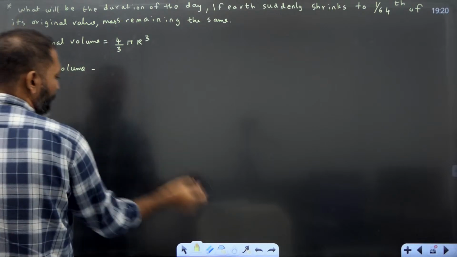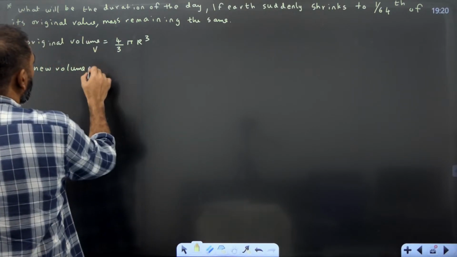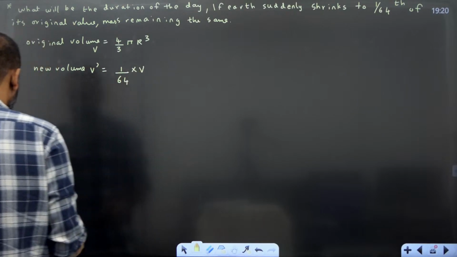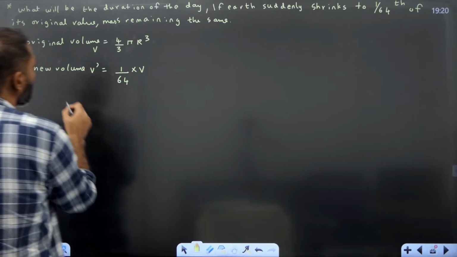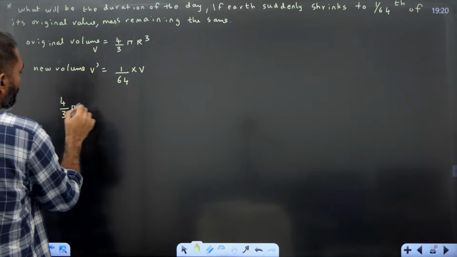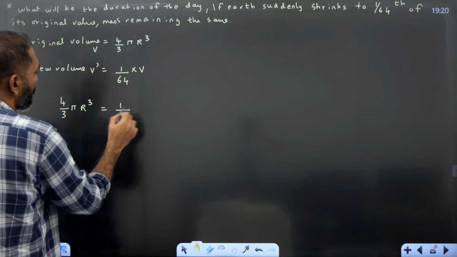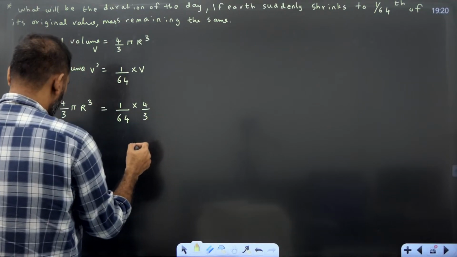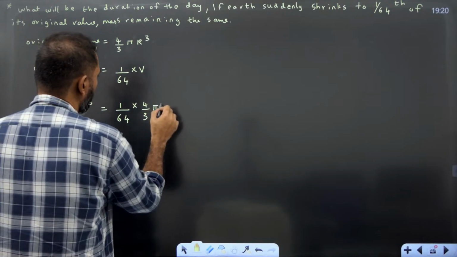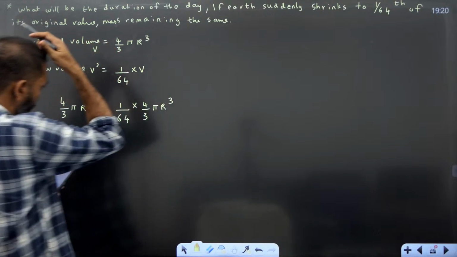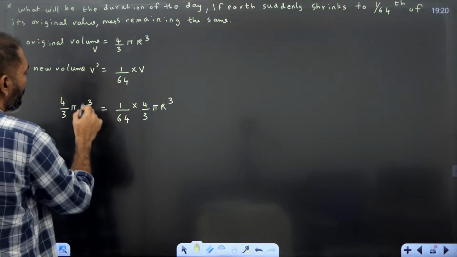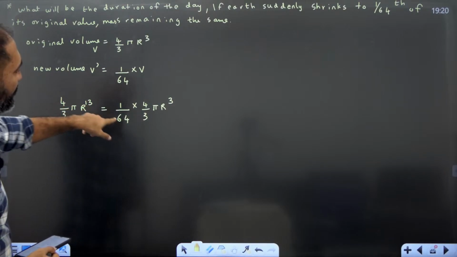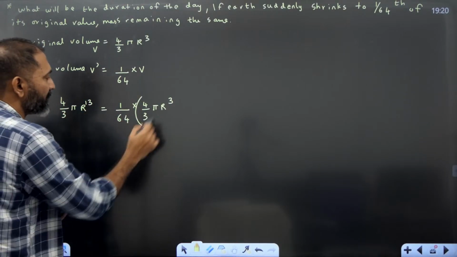Original volume is V and the new volume V dash is equal to 1 by 64 times V. So, 4 by 3 pi r dash cube is 1 by 64 times the original volume, 4 by 3 pi r cube.